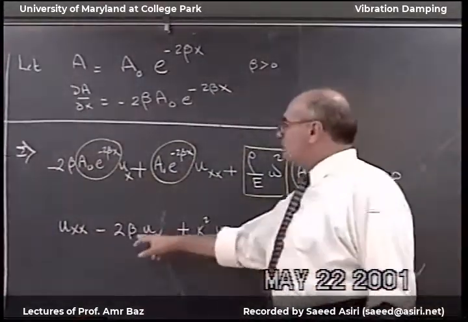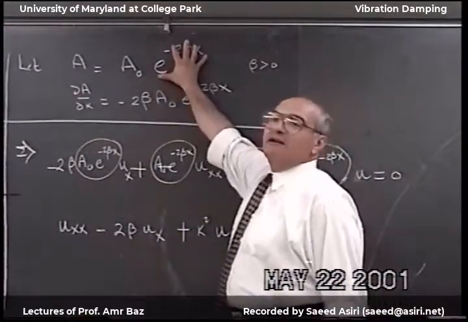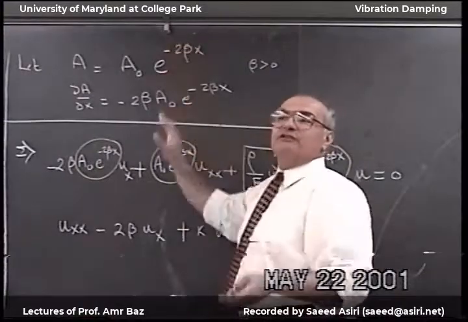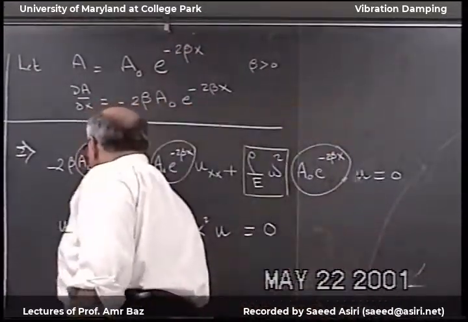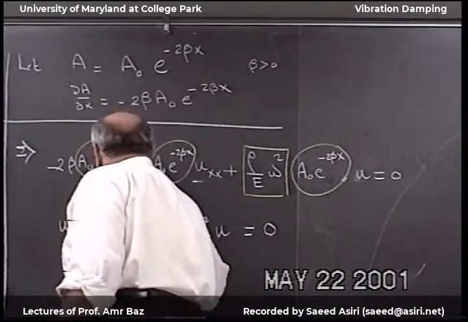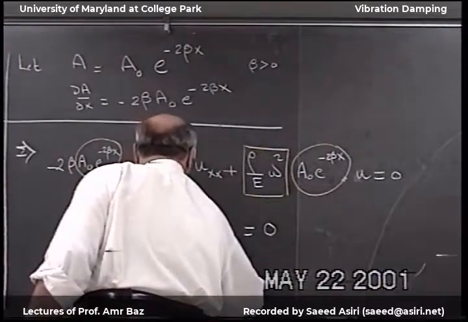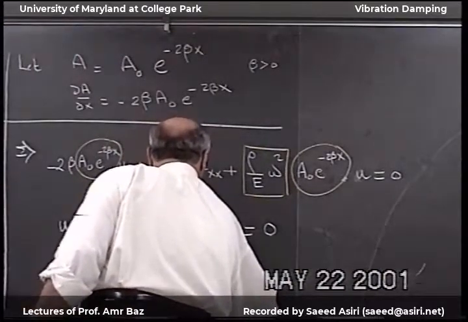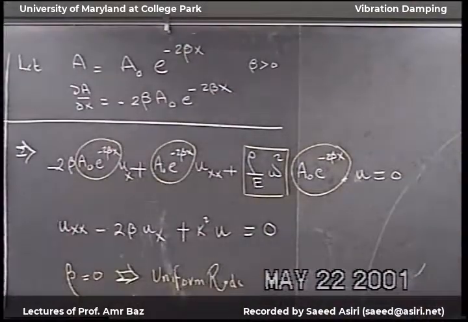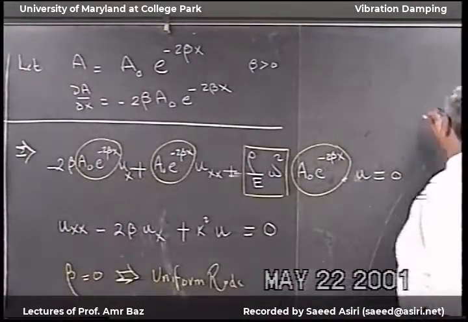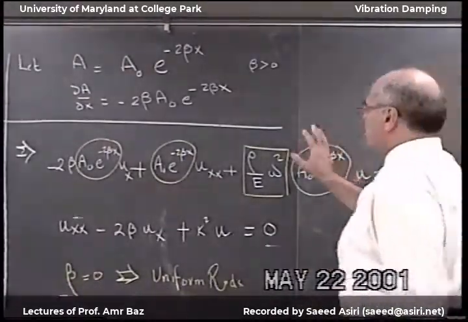If beta is equal to 0, then this is 1, and the area is constant cross section. So in the case when beta is equal to 0, it reduces to a uniform rod. Okay, so I don't need all of this.